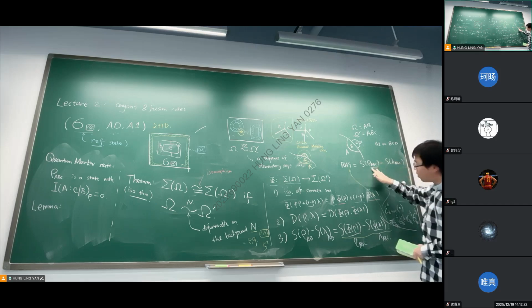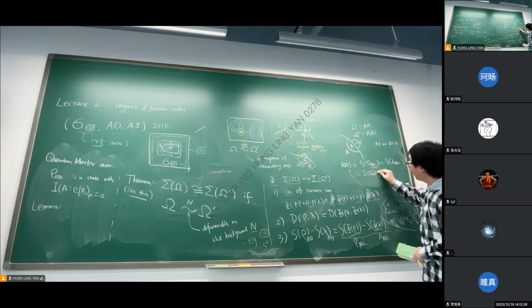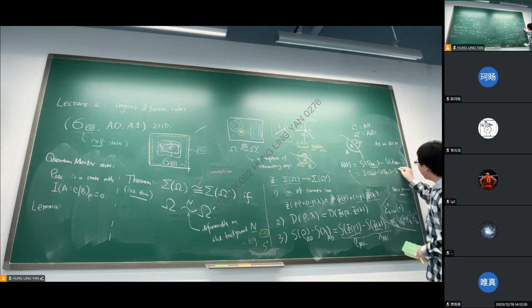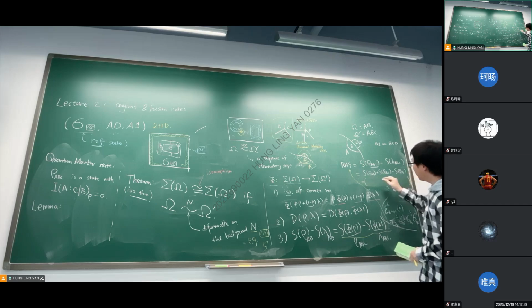But because of the Markov state property, we can split this thing into 3 terms, as S rho AB, S rho BC minus S rho B, minus the same thing with rho replaced by lambda AB, lambda BC.